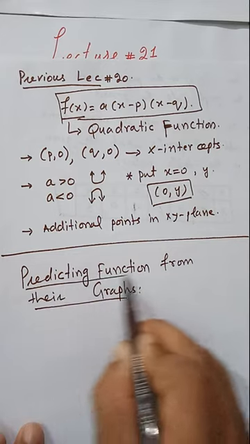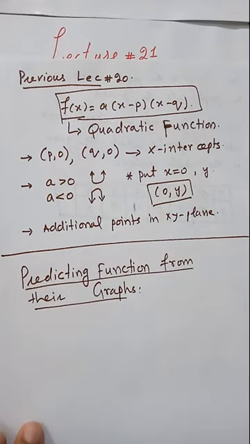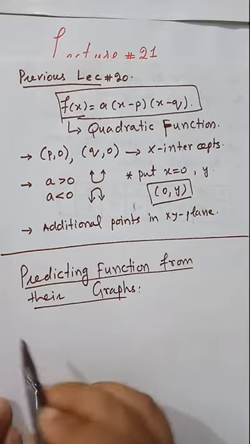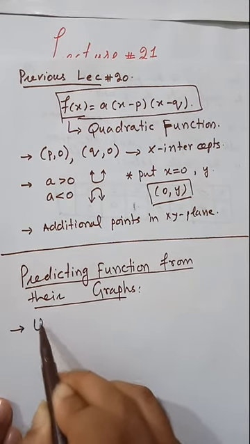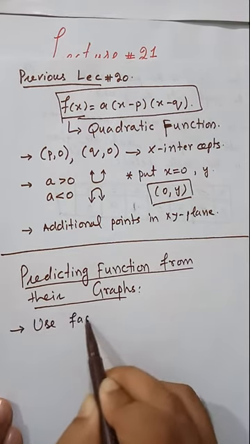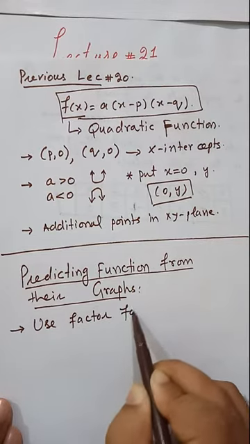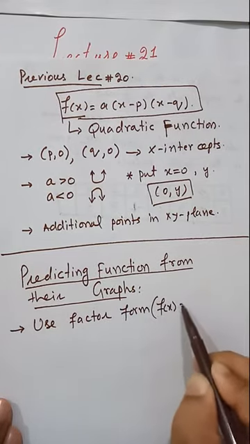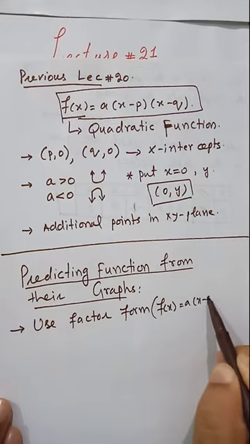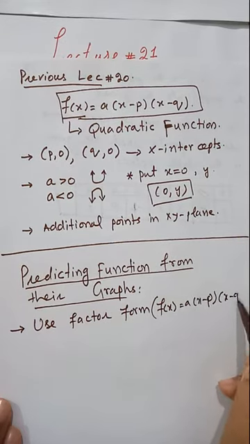Okay, to understand this method, what we do in this topic is use the factor form to predict the equation of the function. This is the factor form: f of x is equal to a times (x minus p)(x minus q).